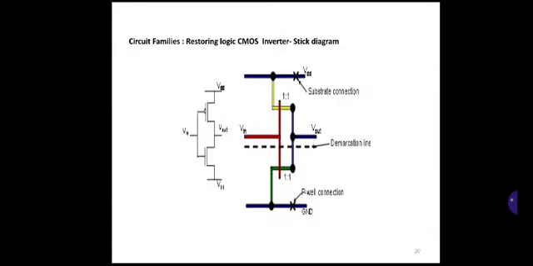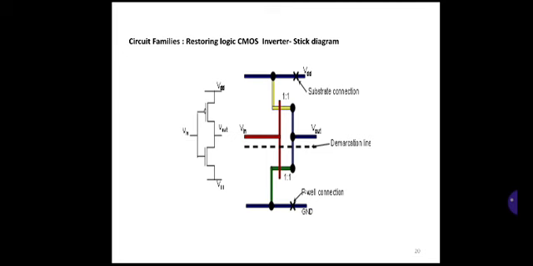This schematic diagram is converted into a stick diagram. We already discussed stick diagrams in module number 2. The stick diagram for a CMOS inverter is drawn here. You have to remember the color coding. The N diffusion and P diffusion are drawn, and when polysilicon crosses the P diffusion, it creates a P transistor, and when it crosses an N diffusion, it creates an N transistor.